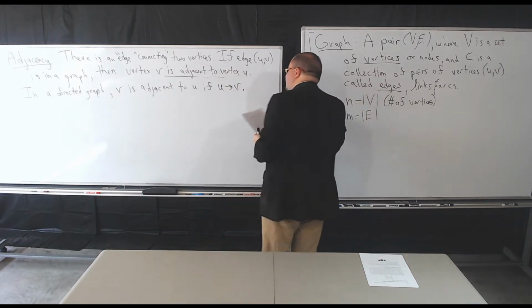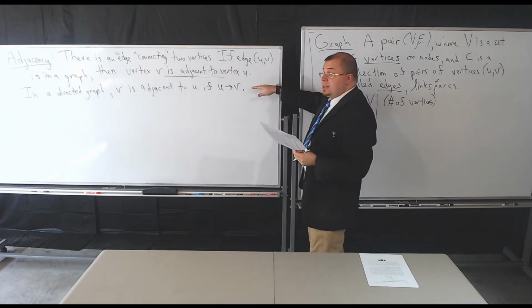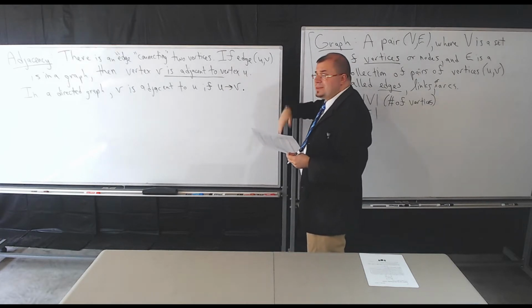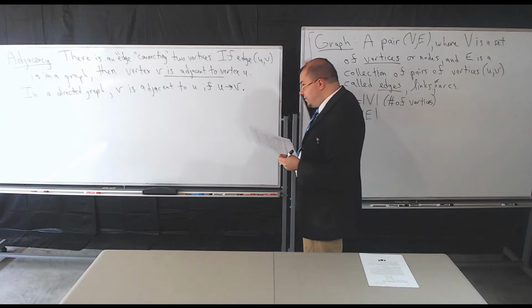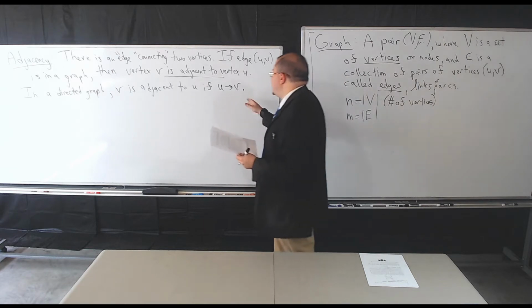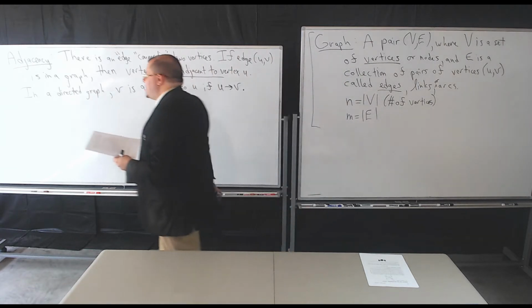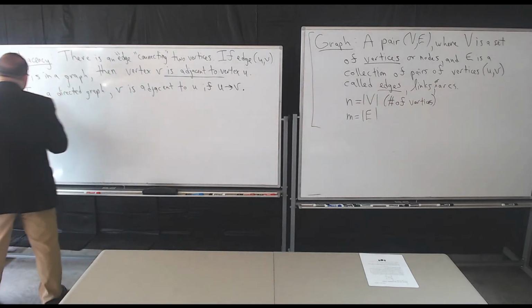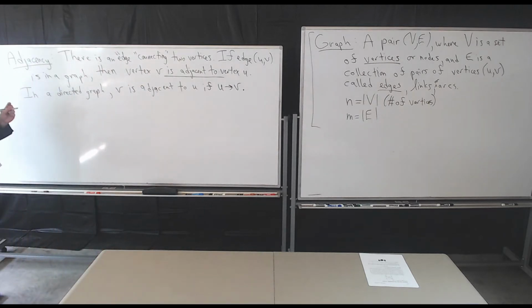I must stress that when I write it like this with a directed graph, all I'm saying is that there's an edge from u to v, and if that is the case, then v is adjacent to u. However, in directed graphs, this relationship is not symmetric. What I mean by that is that if there isn't an edge (v, u), you can't say that u is adjacent to v.